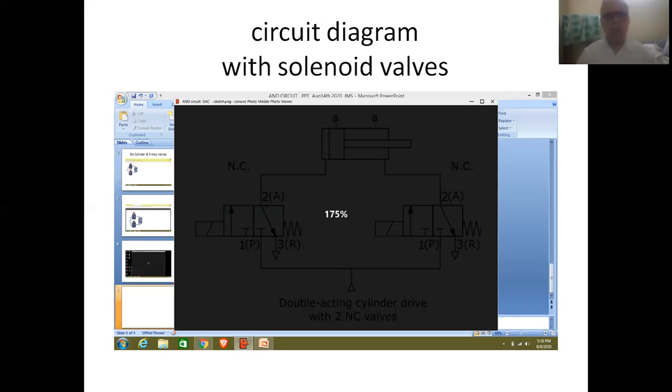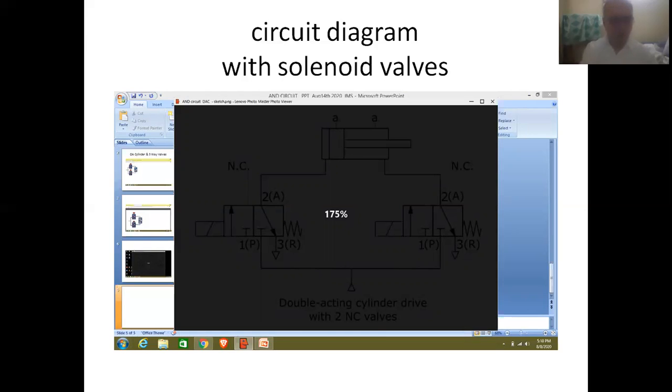So friends, here we can see the AND valve circuit, that is the circuit diagram, operated with the help of two solenoid valves.